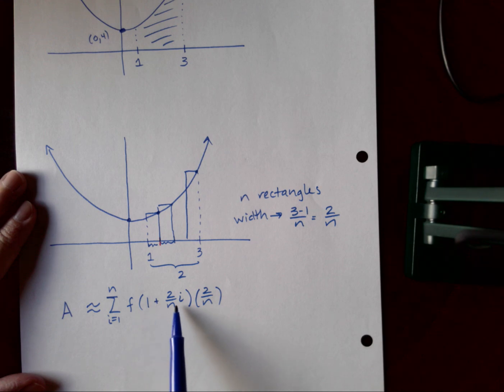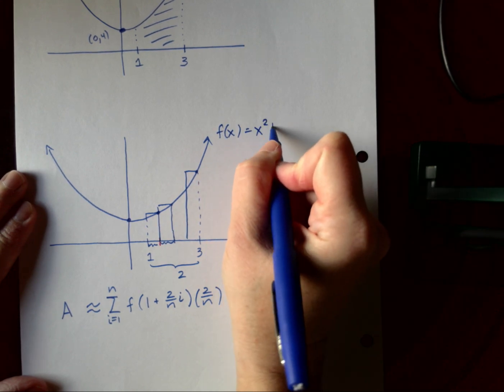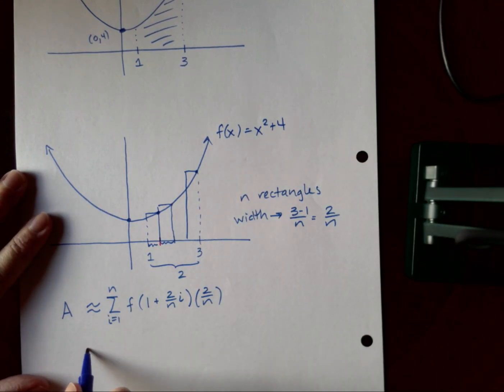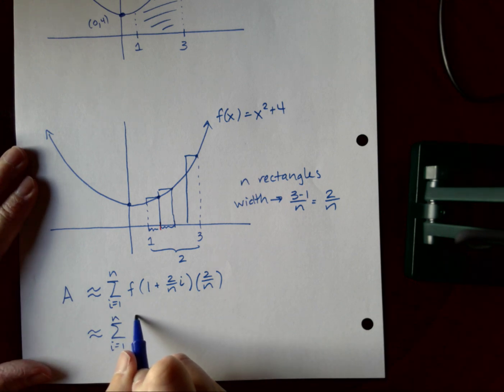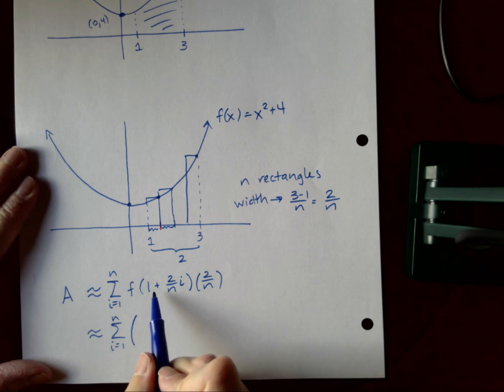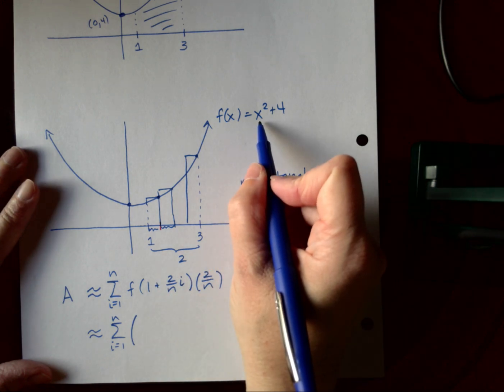I want to take this 1 plus 2 over n times I and put it into the function. Our function was f of x equals x squared plus 4. So a little approximately here, I is 1 to n. Maybe a big set of parentheses would be good. We need to take 1 plus 2 over n times I and stuff it into that function.